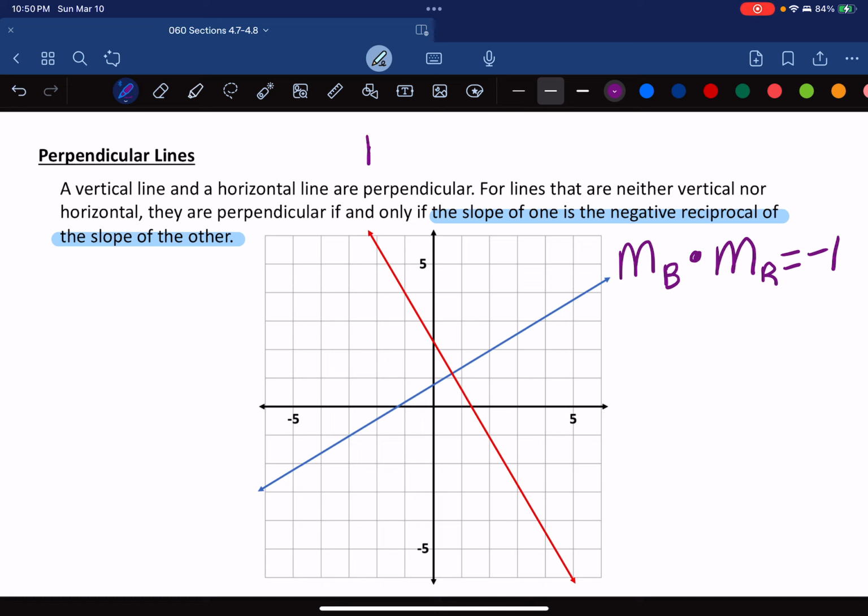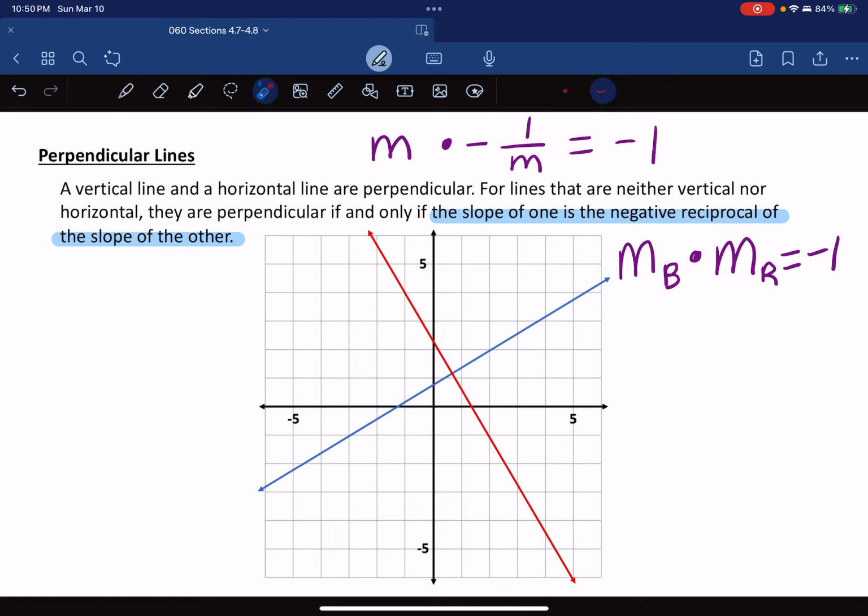So it says the slope of one line times the slope of the second line equals -1. I'll write this how you might see it in the textbook, in other places: one slope times the opposite reciprocal of another slope is -1.